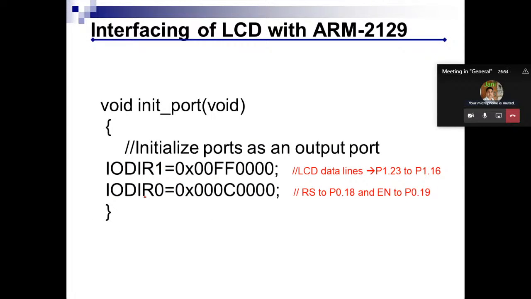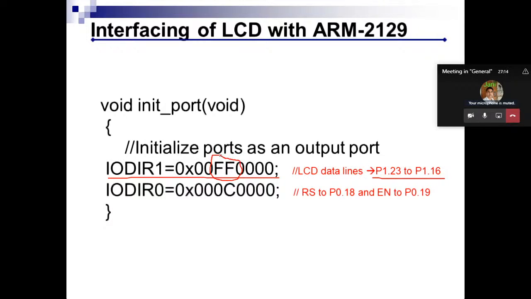Then after initialization of the port, there is one routine to initialize the port, whether the port is an input port or an output port. In this case, we have connected LCD data lines with P1.23 to P1.16. So the corresponding ones are there.